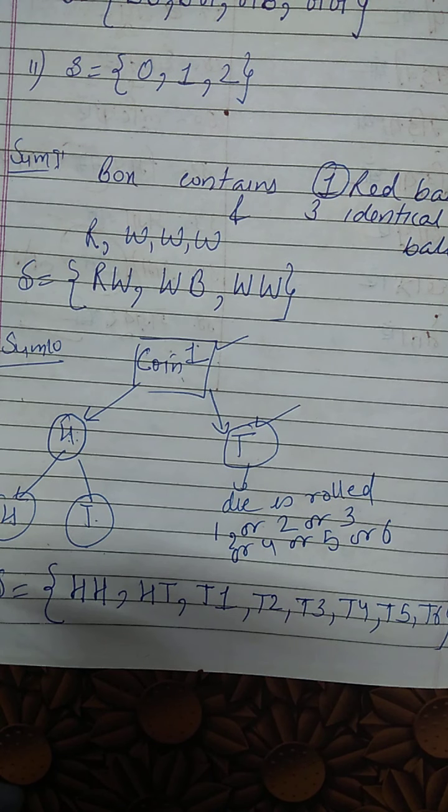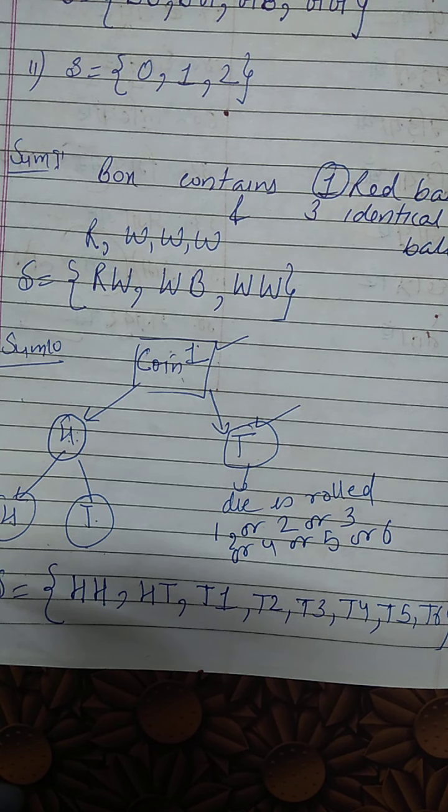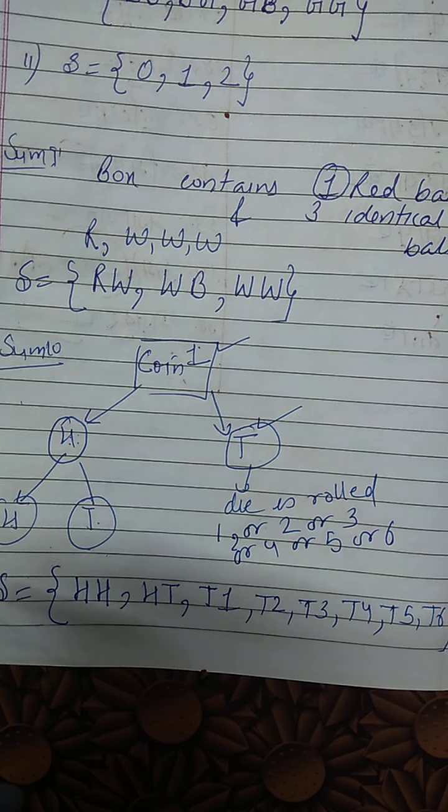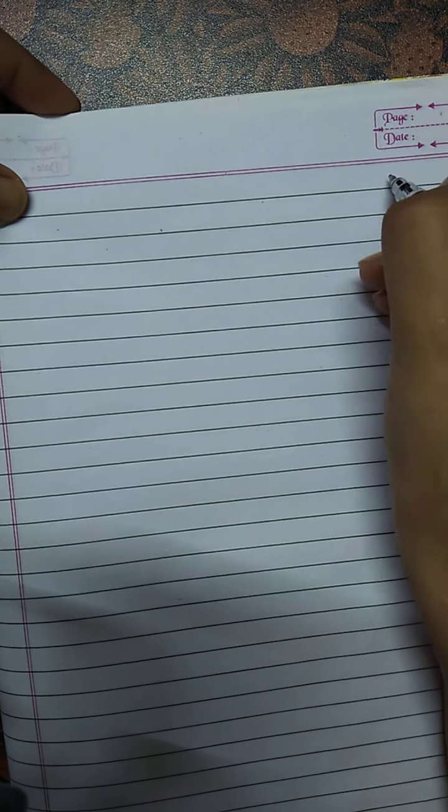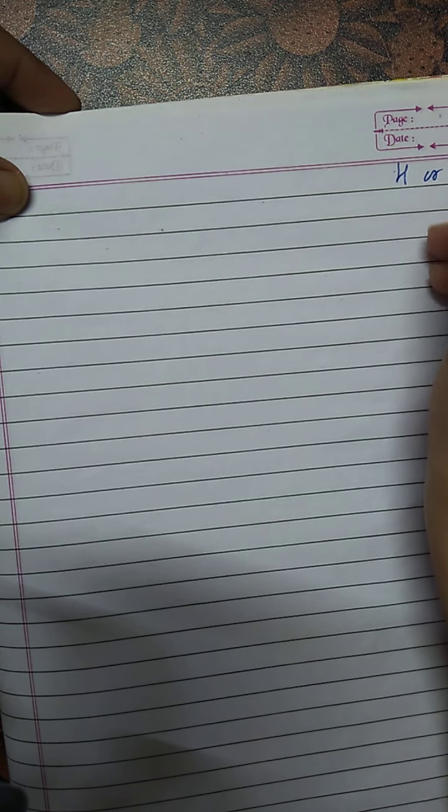Suppose 3 bulbs are selected at random from a lot. Each bulb is tested and classified as defective or non-defective. Defective we write as capital D, non-defective as capital N. We have to write down the sample space of this experiment. Now this sum is exactly the same as when we toss a coin 3 times, or 3 coins are tossed simultaneously, because when I toss the coin, either head will come or tail will come.